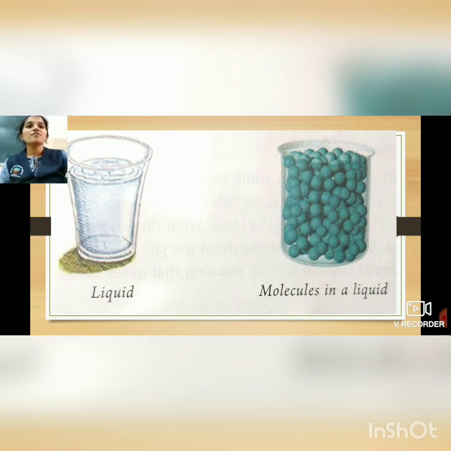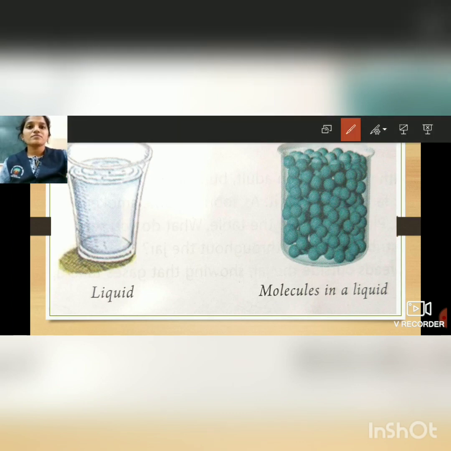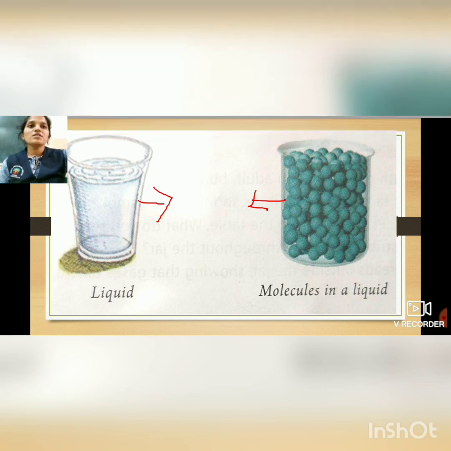So students, here we can see the water in a glass, while here is the water in a vessel, that means the molecules in a liquid are shown in a vessel. Suppose we have poured the water in a vessel and the same quantity of water in a glass, then we can conclude that water has taken the size or shape according to the object.